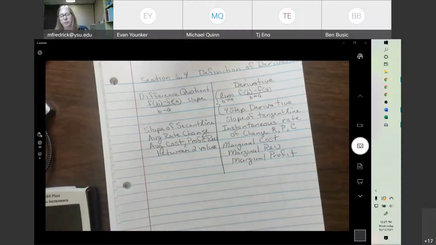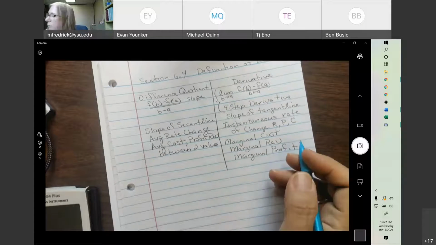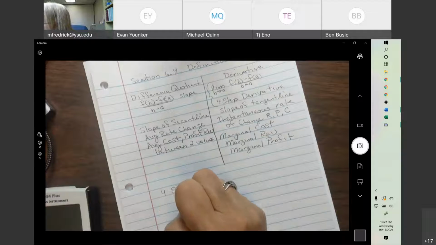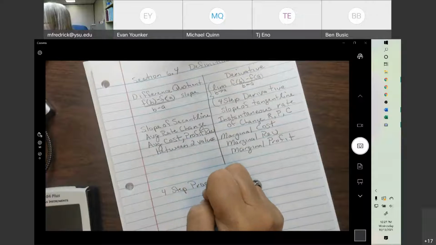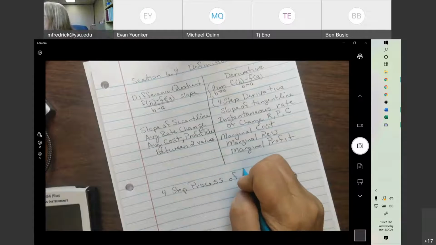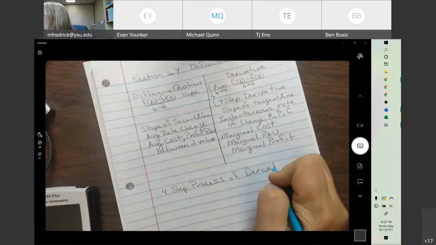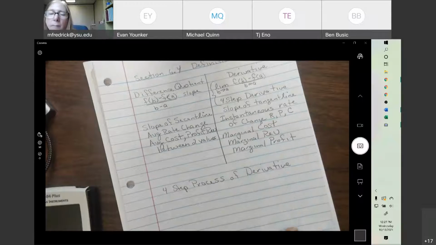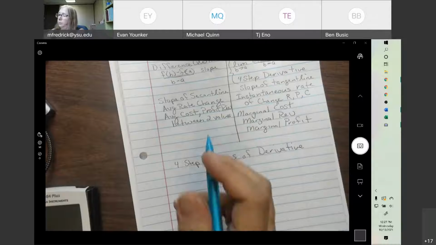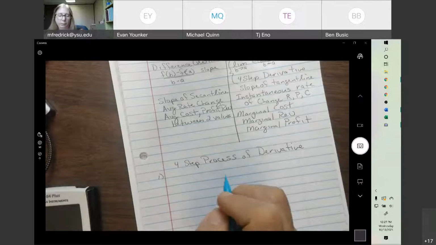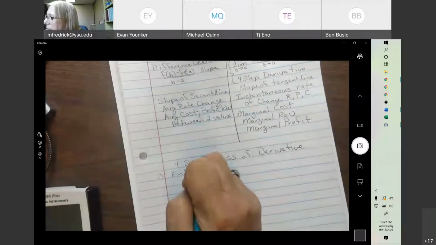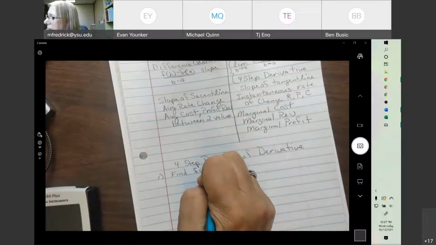A 4-step process. Now, some of this you've already done before, and that's why I made you practice it in earlier sections. The first thing you do is find f of x plus h.